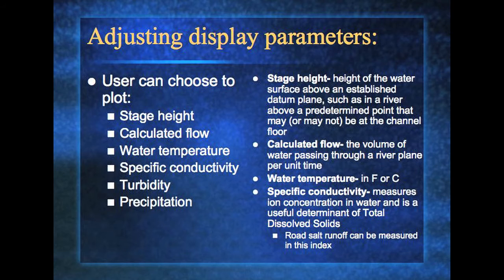There's also a number of other display parameters we can manipulate, including stage height, calculated flow, water temperature, specific conductivity, turbidity, and precipitation. All of these parameters tell us a lot about the health and presence of the stream that we're looking at.